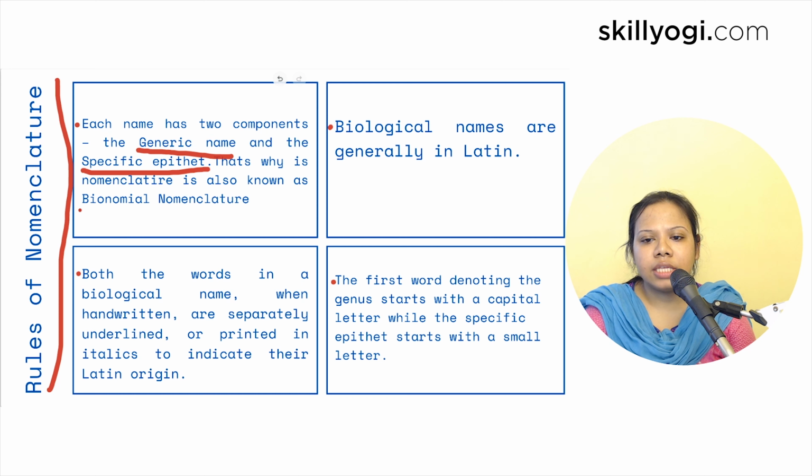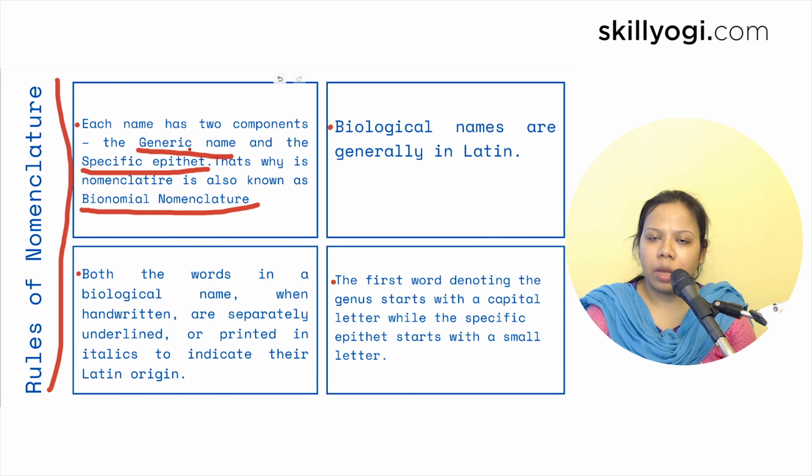That's why it is known as binomial nomenclature. Why binomial? Because the two names used are the generic name and the specific epithet, or species name.